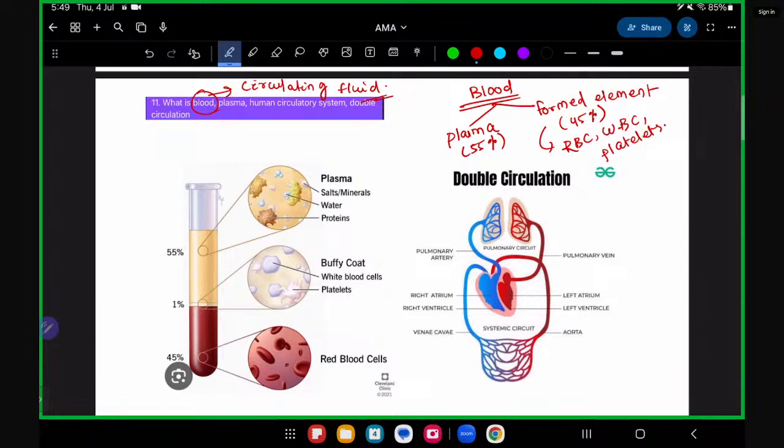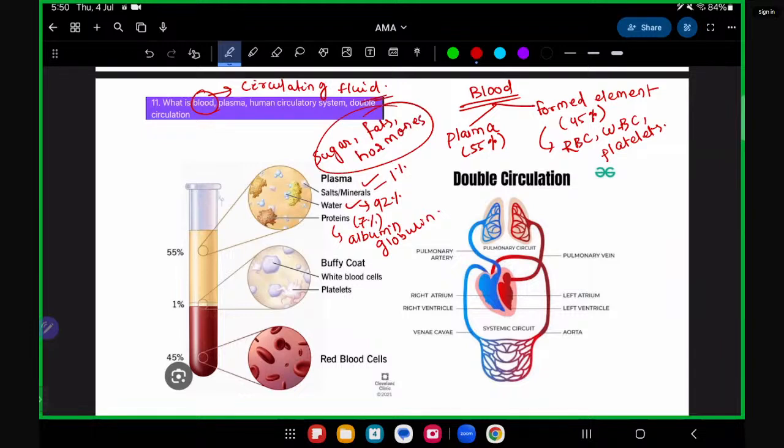Next is plasma. Plasma consists of, here you can see, salt and minerals, then water. Water is 92%. Then the vital proteins are 7%. What are the vital proteins present in plasma? First one is albumin. Second one is globulin and anti-hemophilic factor. Then the minerals are 1%. Apart from that, they also contain sugar, fats, hormones.